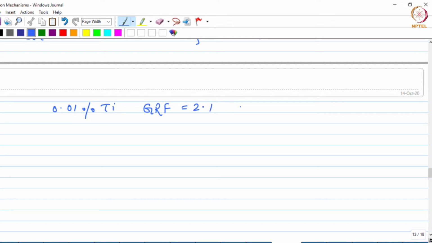Whereas for a boron concentration of 0.001%, GRF is 0.02. Right, so you can see again titanium always gives rise to a high GRF and therefore it is a very effective grain refiner.